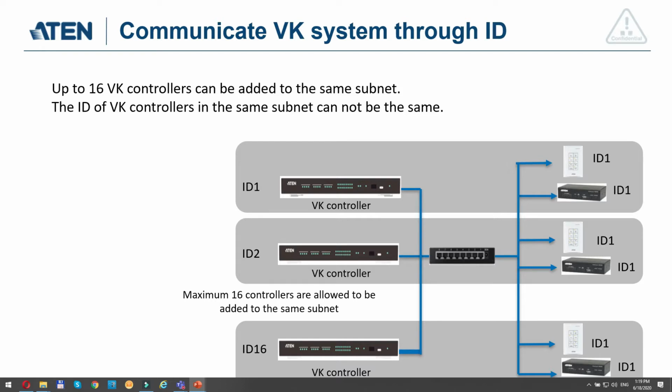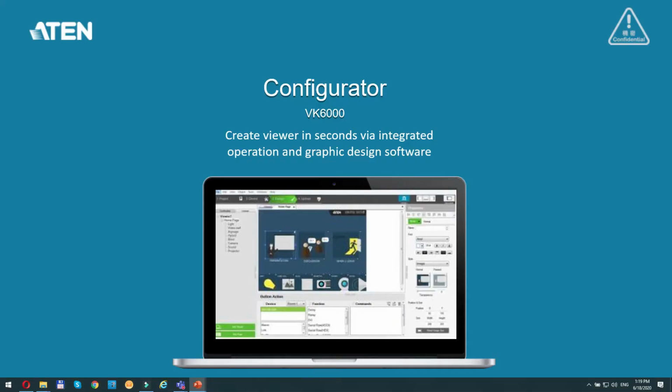So if you're not handling the IP world very well, it's okay, you can still install a controller. To create a nice page or pages for the customer to use, we're going to use a program called VK6000, and at the end of this presentation, I'm going to give you a demo of how to create them.